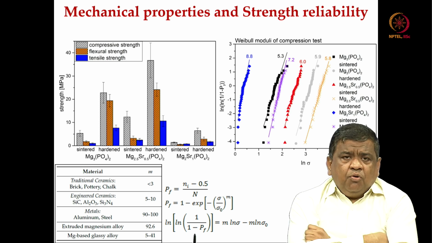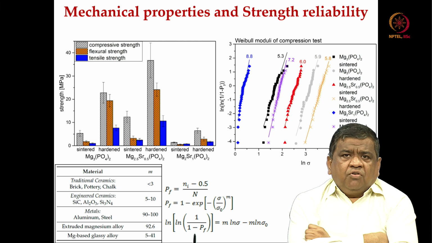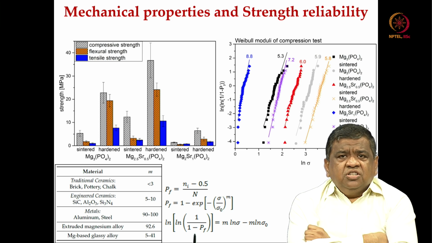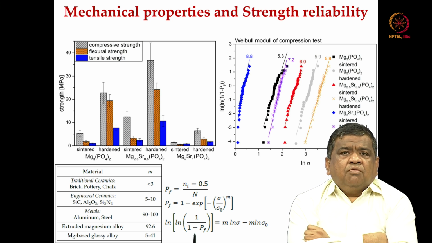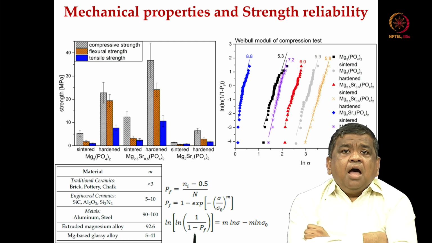And like before, we have also measured the strength properties on a large number of samples to determine the Weibull modulus of these magnesium phosphate materials. One thing must be very clear to you: when one does research on binder jet 3D printing, whether of metallic or ceramic materials, one should not report simply the strength values of 2 or 3 samples, or 3 or 5 samples, but must use a large number of samples to show a reliable measure of the strength properties.